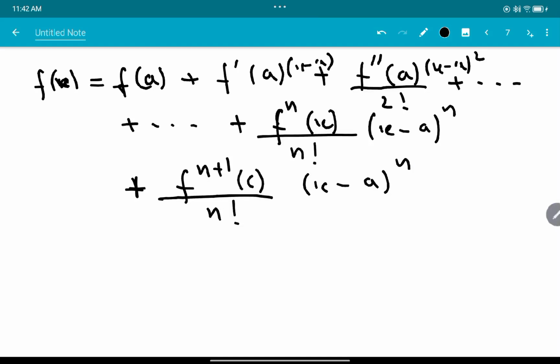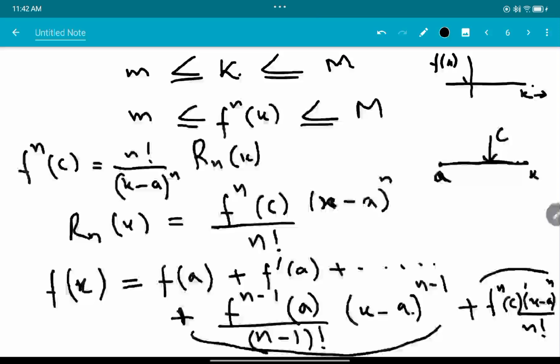You can write Taylor's theorem like this as well. Now you can see it: instead of f^n(c), I did not take this last term.